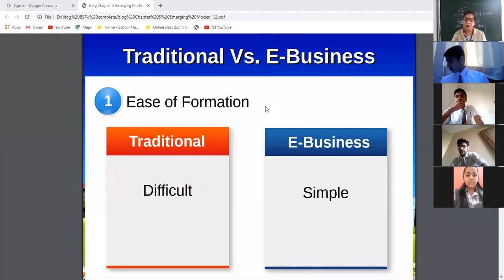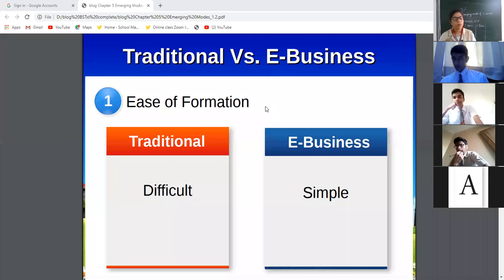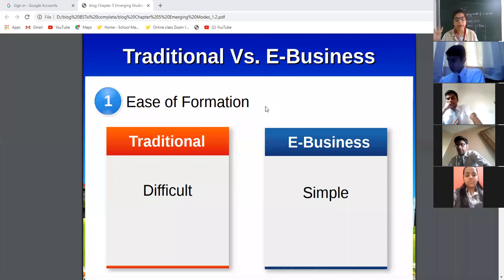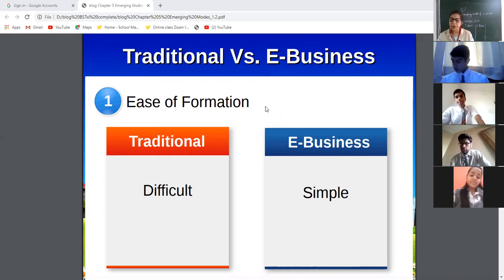So for traditional business formation, you will write in a complete sentence. The formation of traditional business is difficult as it requires more investment, more workers, more decoration, more capital, more stock, furniture, office, etc.